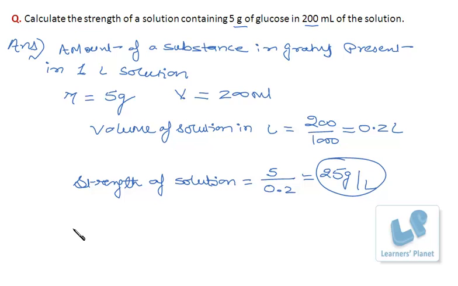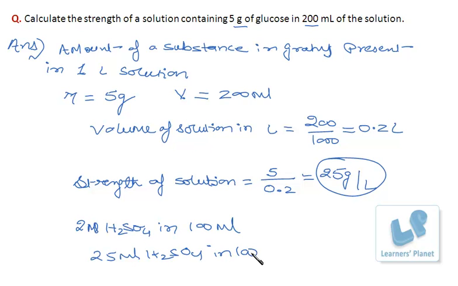Right? Say if I'm saying it's 2 ml H2SO4 in 100 ml of water, and here this can be, say, 25 ml H2SO4 in 100 ml of water.